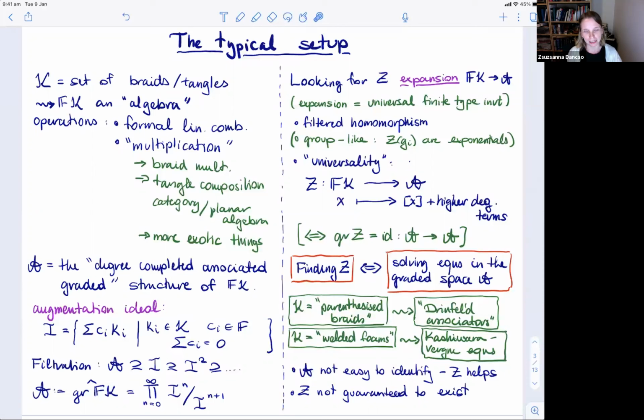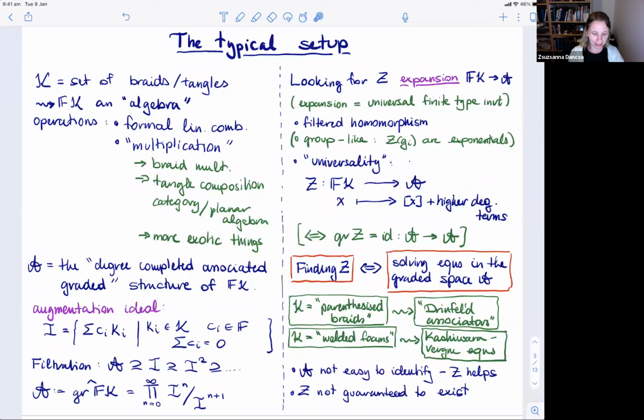The augmentation ideal is the set of linear combinations of knotted things whose coefficients sum to 0. In group theory, this is a basic object. This is an ideal in the most natural sense. So if you multiply something in I with anything in Fk, you would get something in I.